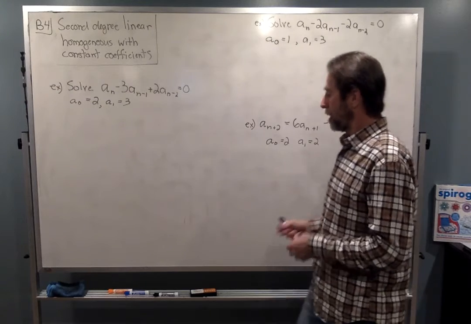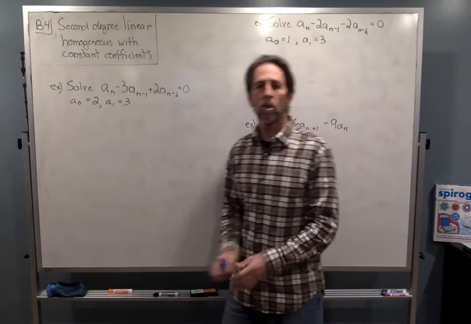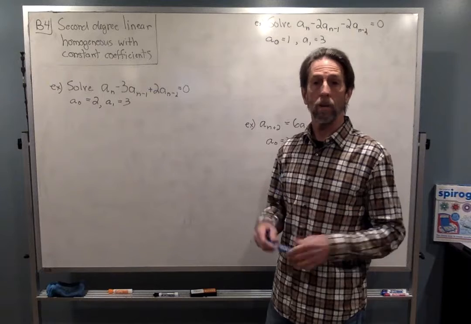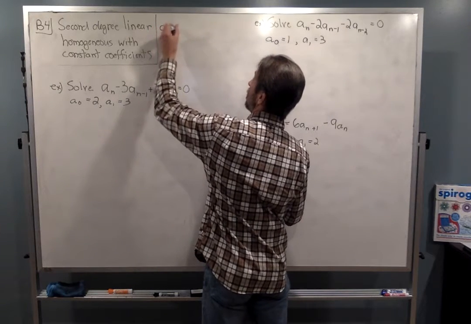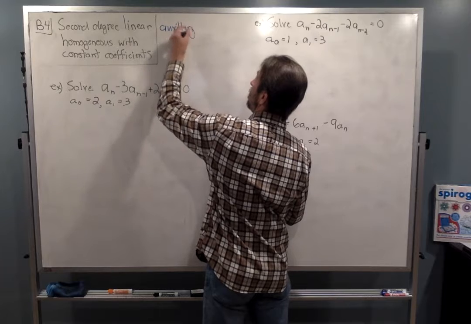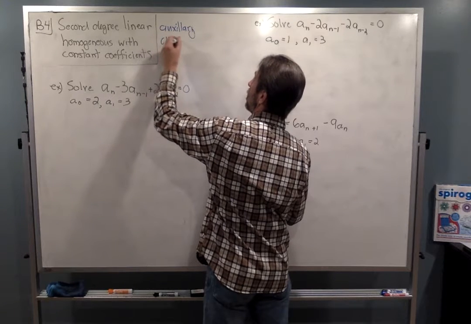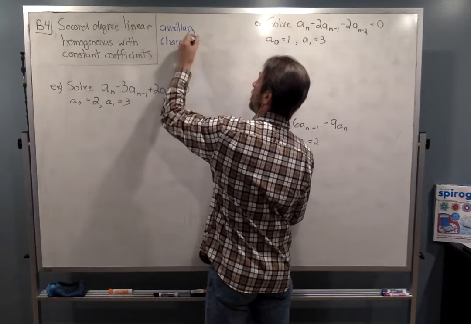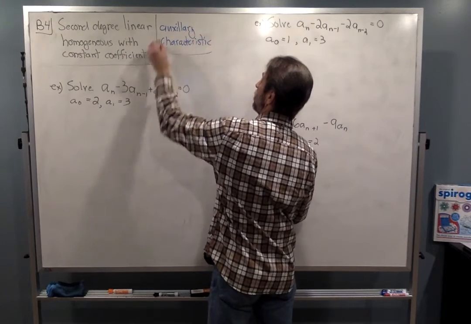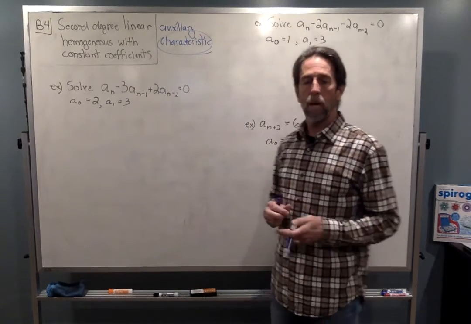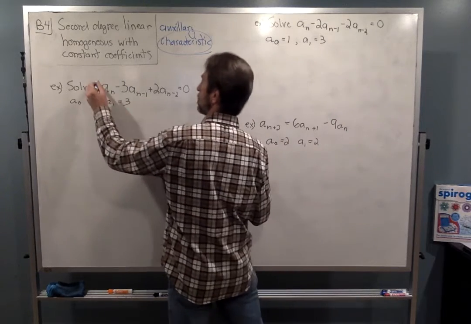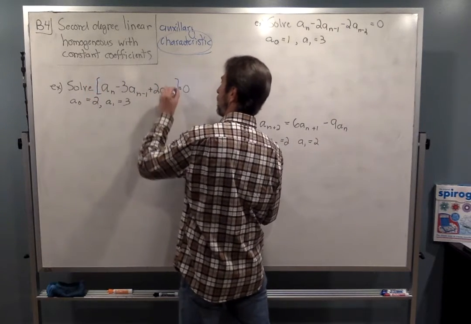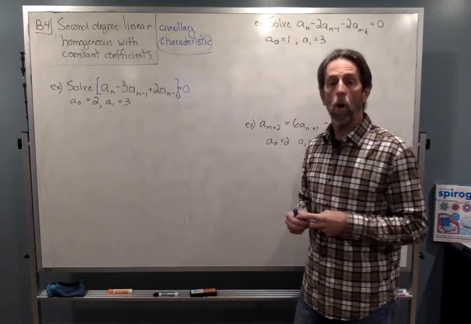The method for this comes down to really something that's called either the auxiliary or characteristic equation. That's probably the most common, but the characteristic equation. So we're basically going to be taking this equation and transforming it into really a quadratic.